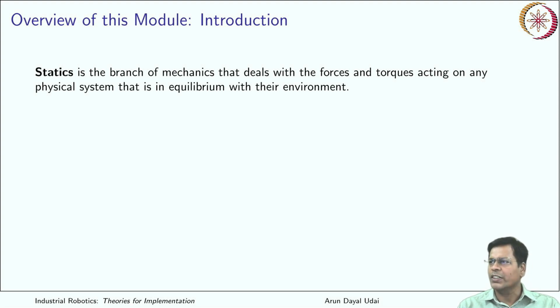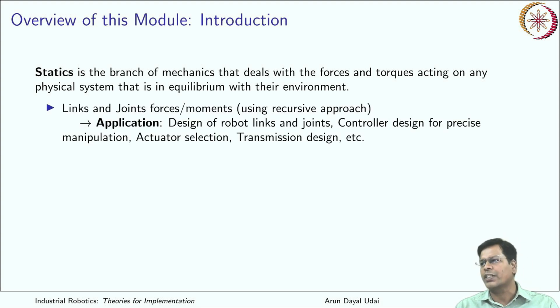To begin with, links and joint forces and moments. I'll be using a recursive approach that is quicker, more reliable and faster when applying those algorithms to find out the link and joint forces and moments. A few of the applications include design of the robot links and joints.